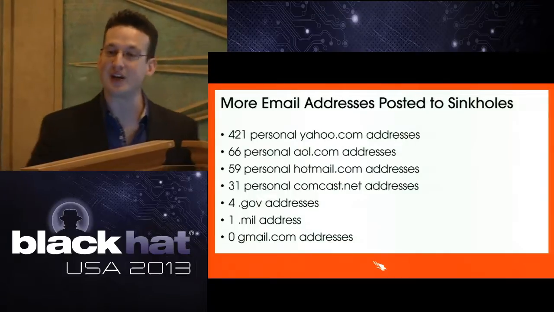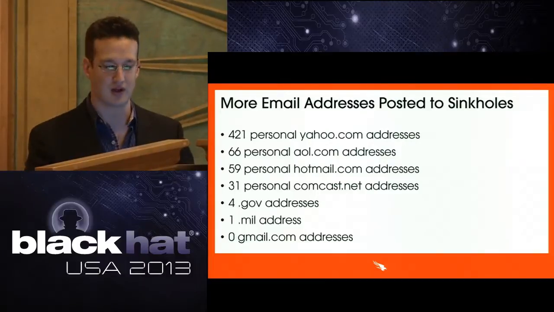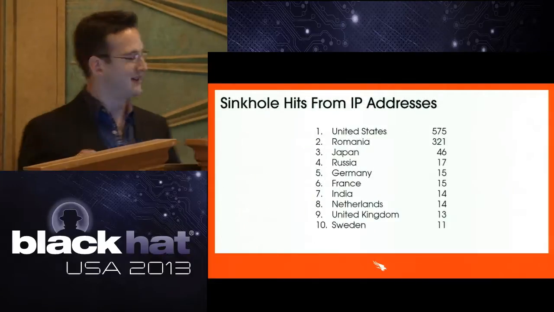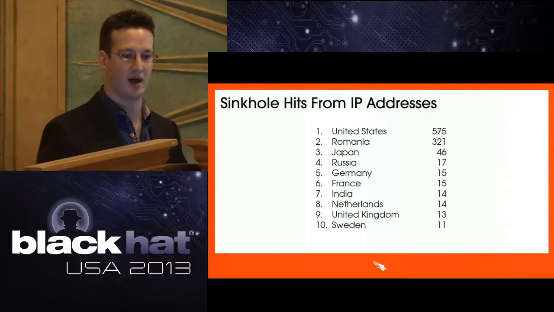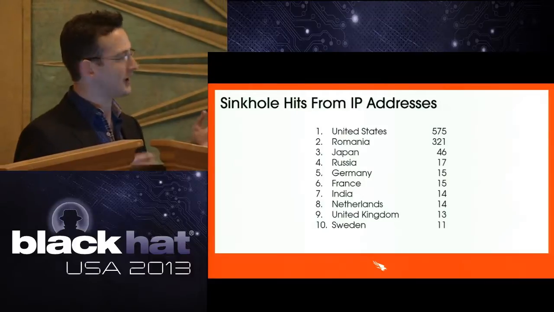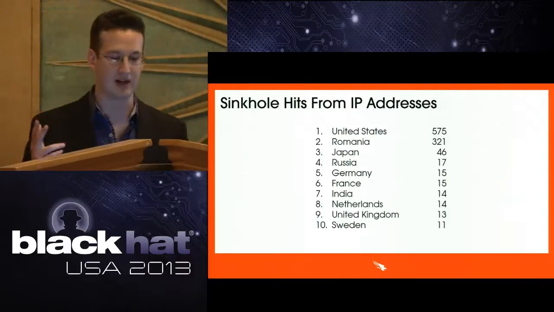So I mentioned that we were interested in the spread of this malware, where it might be concentrated. And if we plot out all of the IP addresses from around the world where we were getting hits, this is what the top 10 countries were sending us. So the United States was definitely at the top of the list, but second is Romania.